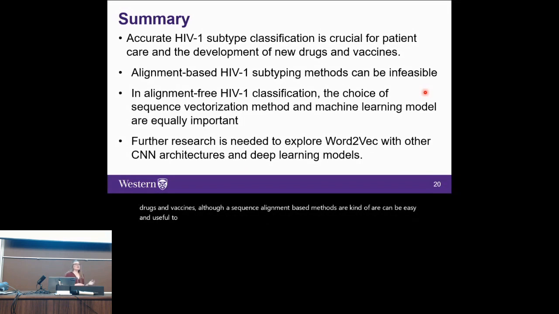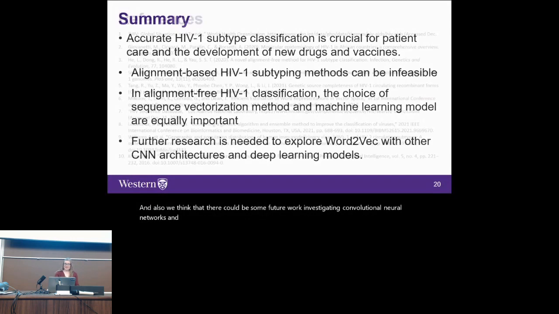And as far as alignment-free HIV-1 subtype classification goes, we think it's just as important to consider the machine learning model as the representation form of your data. We also think that there could be some future work investigating convolutional neural networks and other deep learning architectures.